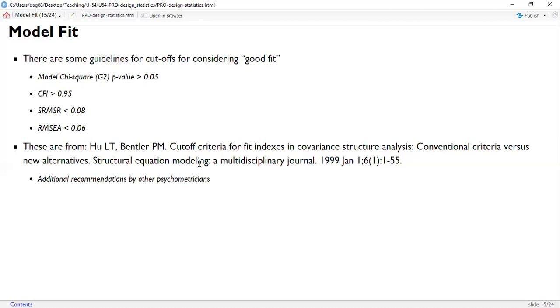So for the model chi-square statistic, you want a non-significant p-value at the 5% error level. For the CFI, you want it to be greater than 0.95, the SRMR less than 0.08, and the RMSEA less than 0.06 by these cutoff recommendations by Hu and Bentler.